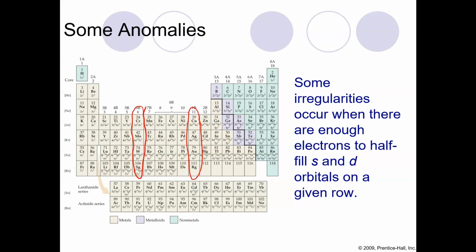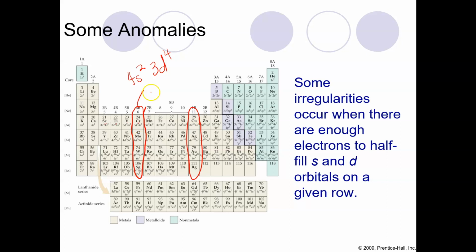So this is just showing part of the electron configuration, like the end of the electron configuration for each of these. But for this group, what we would expect would be 4s2, 3d4. That's what we'd expect, I guess, for chromium. And then for molybdenum, we'd expect 5s2, 4d4.